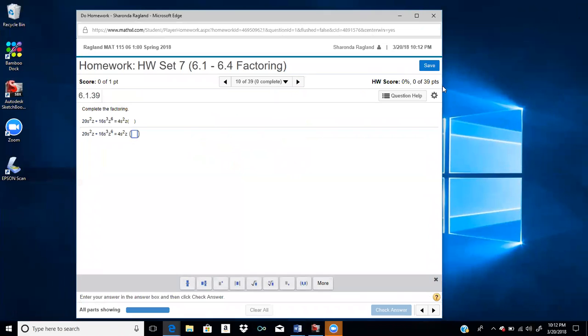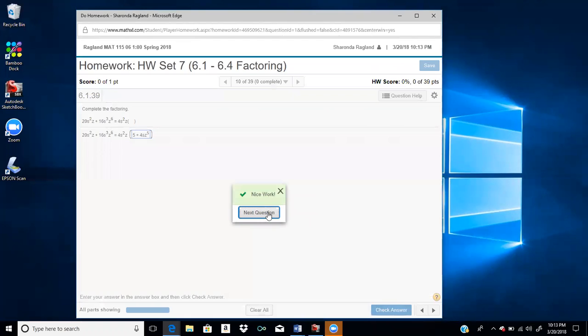So if you put it in here, we have 5 plus 4 s z, and that's to the 5th. So you have to use your exponent to the 5th. Click out, then check. Good.